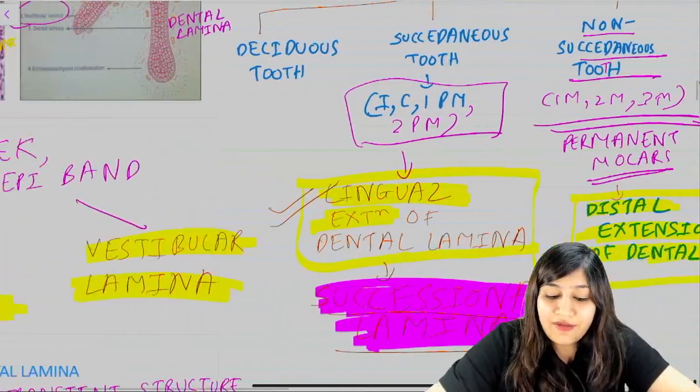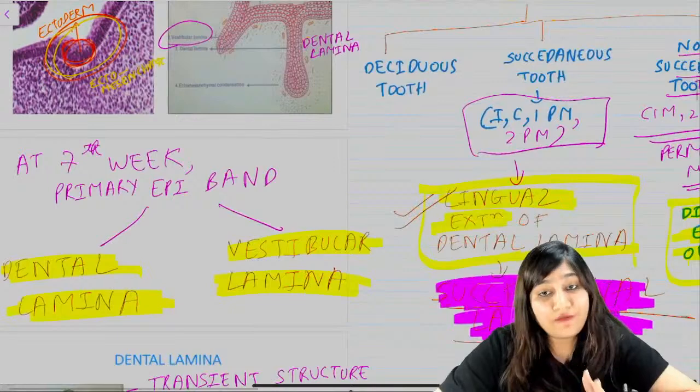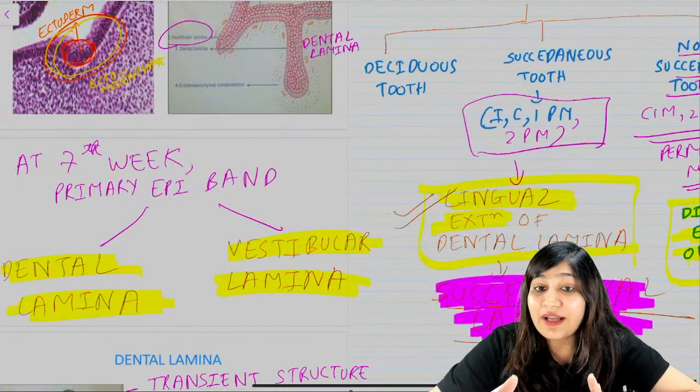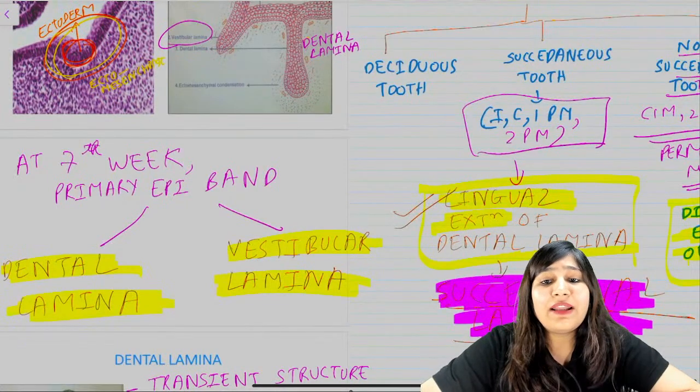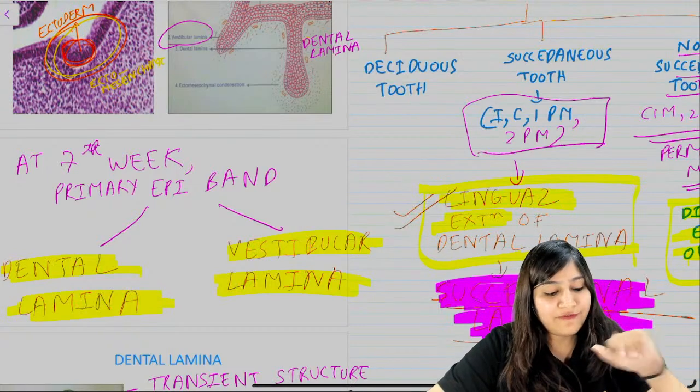So in dental lamina, we have studied many things, right? What is dental lamina? How is dental lamina formed? Functions and activity of dental lamina. We have already discussed it is a transient structure. Its activity is of 5 years only.